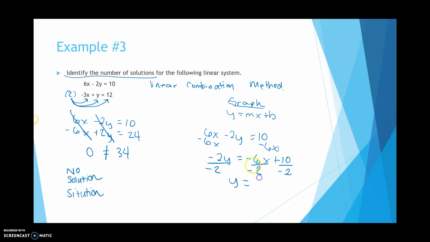So we get y equals 3x minus 5. And if I set up the bottom equation, negative 3x plus y equals 12, and add 3x to both sides, I get y equals 3x plus 12.